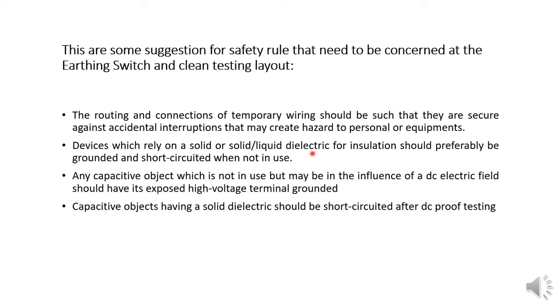Second, devices which rely on a solid or solid-liquid dielectric for insulation should preferably be grounded and short-circuited when not in use. Third, any capacitive object which is not in use but may be in the influence of a DC electric field should have its exposed high voltage terminal grounded. And finally, a capacitive object having a solid dielectric should be short-circuited after DC proof testing.